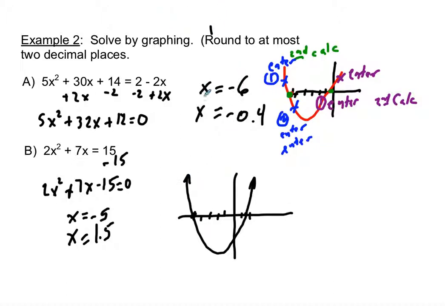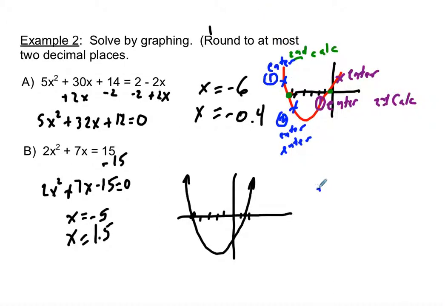So to find that, what we did is we went ahead and we did second calc. We put our cursor over here on the left-hand side, and we hit enter. Then we used our arrow and brought it down here and put it someplace down there, and then we hit enter, enter.